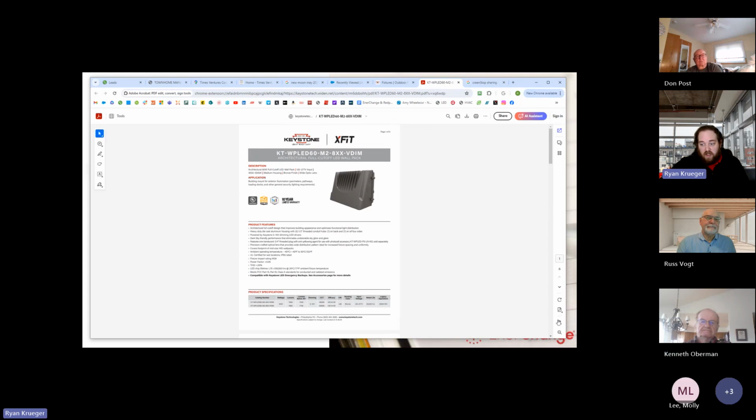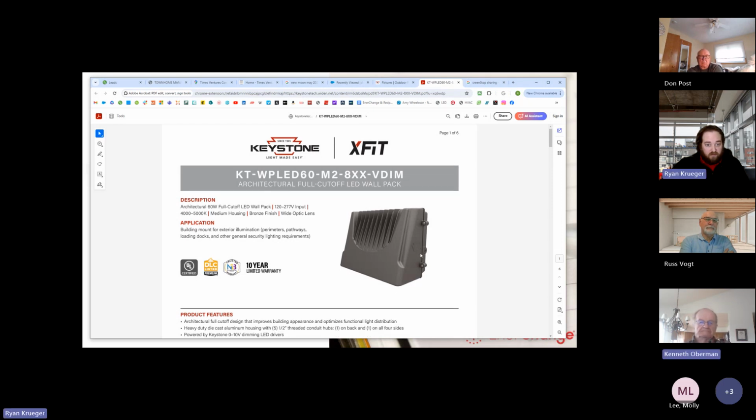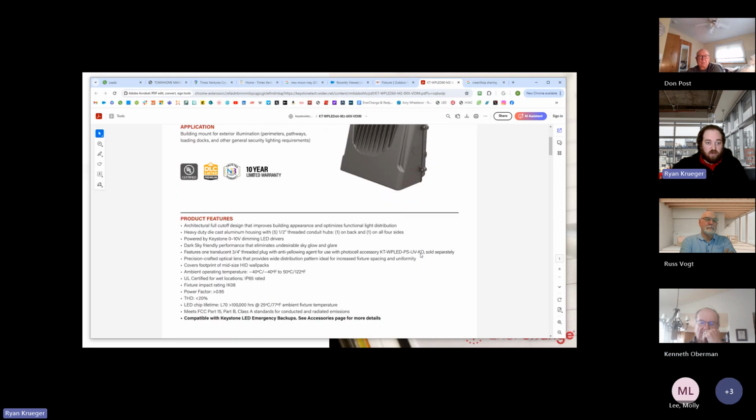So kind of same game where here's the wattage. It's 120, 277 universal. This also has a color temperature toggle where it can go from 4,000 to 5,000 K. It gives you kind of what the wide optic lens looks like. There are 5 or 6 different light distribution types that each exterior fixture can do.